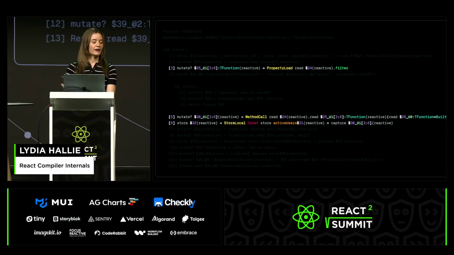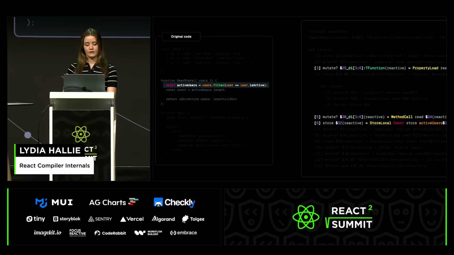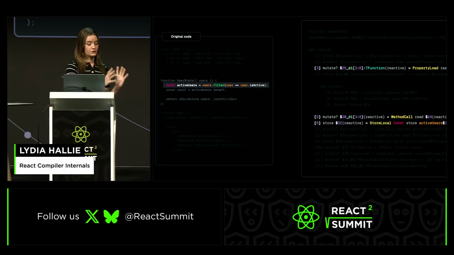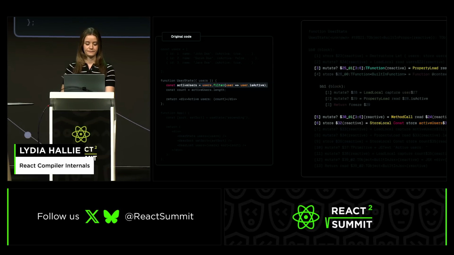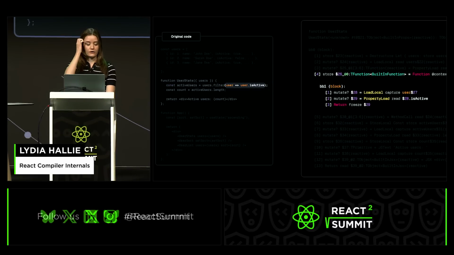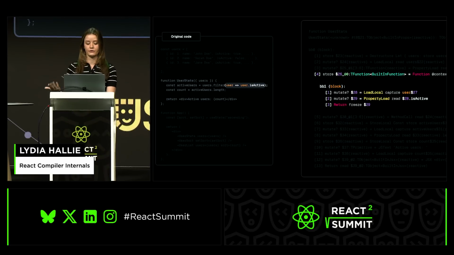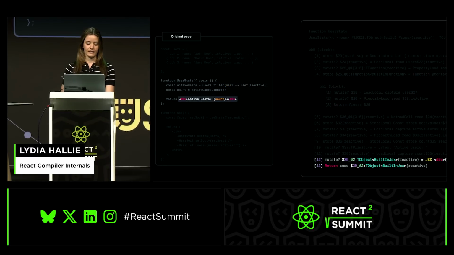They all need to recalculate whenever the users array changes, so these all get grouped. So zooming out, this entire filtering operation now becomes its own memoizable scope. This is almost like what we just had with useMemo, but now it's done automatically by the compiler. And the filter's callback also gets extracted entirely, because this doesn't depend on anything, and this could just be reused across all renders. And we even get a separate scope for JSX creation.